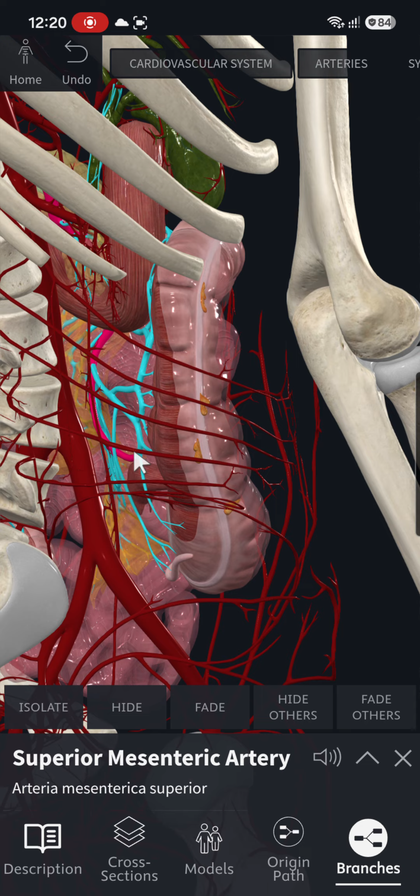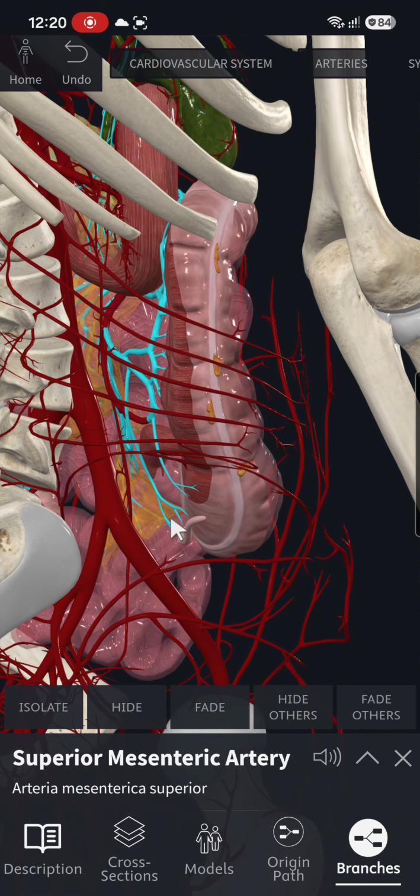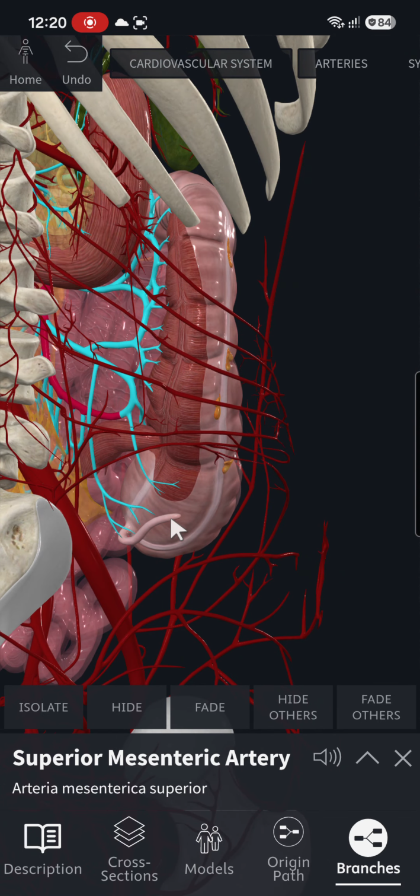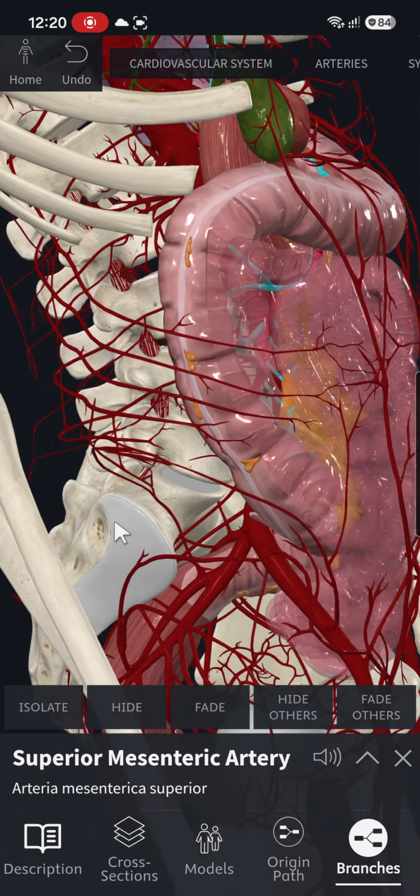It gives off here the ileocolic, right? Right here, this is the ileocolic, terminal branch, and then here is the right colic artery, right? So here, right colic artery, ascending colon, right here, terminal branch is the ileocolic, right?